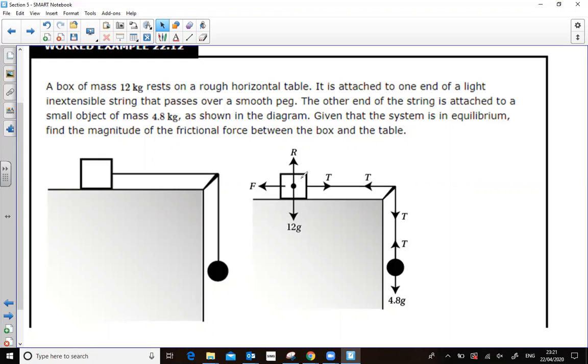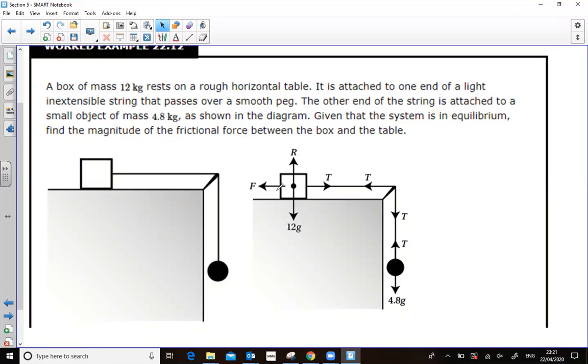And there is a box of mass 12 kilograms resting on a horizontal table, so the weight is 12 g. If it's resting on the table, we know there must be a normal reaction force R acting perpendicular to the table, in this case pointing upwards.